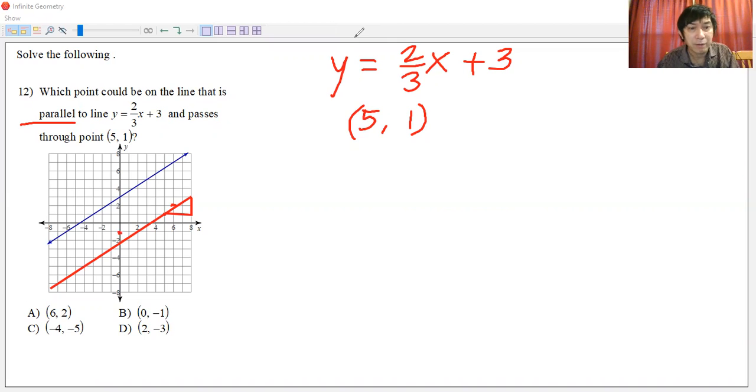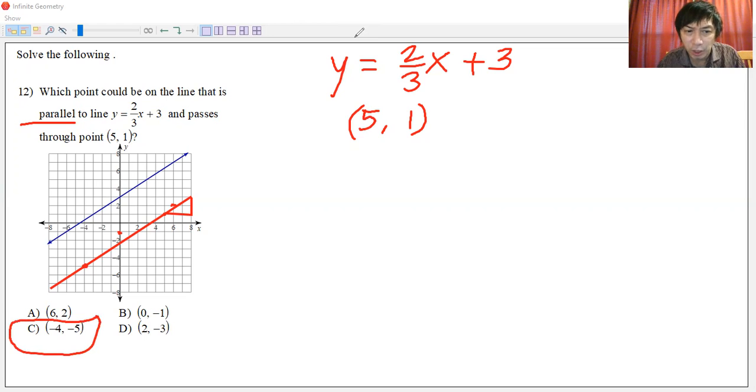So it's not on the red line. How about -4, -5? -4, -5 is right on the line. It's right here. It's in the third quadrant, and that must be the answer.